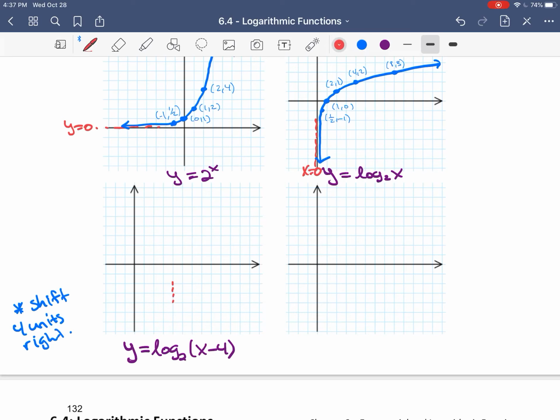So instead of being at x equals 0, it's going to be at x equals 4. And for all the points you just add 4, so the old x goes to x plus 4. Instead of at 1, 0, I'm going to be at 5, 0. 4.5 is where the negative 1 is. And then at 6, I'm going to be at 1.